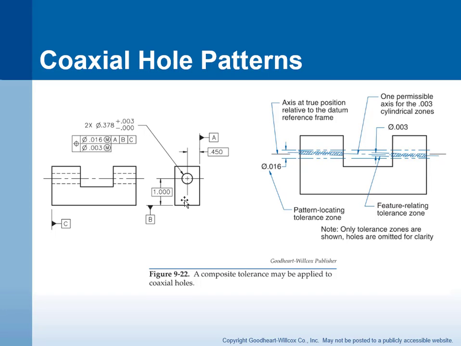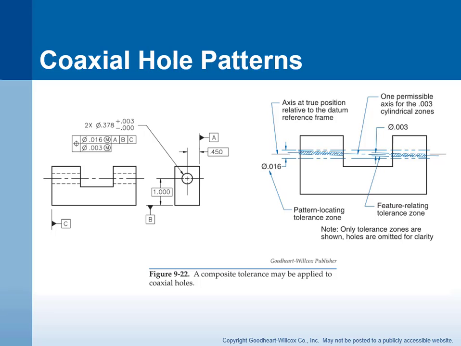But once we have those tolerances, we have only one permissible axis for the 3,000th cylindrical tolerance zone for the coaxial hole here. So that's what this 3,000ths means. It actually holds the holes tighter relative to each other. It has to be on this 3,000ths diameter axis here. So that's how we hold those holes tighter for coaxial.